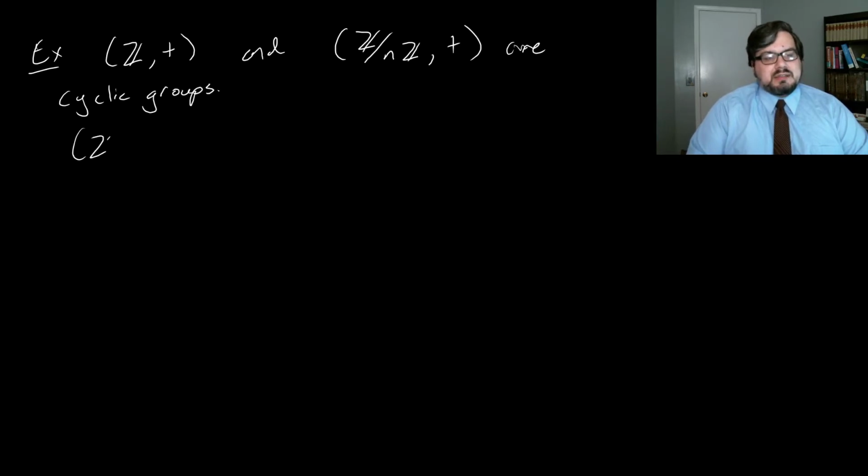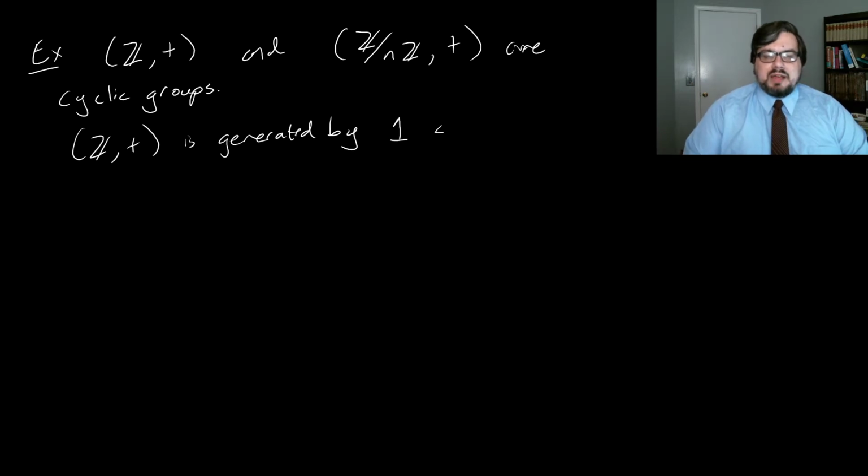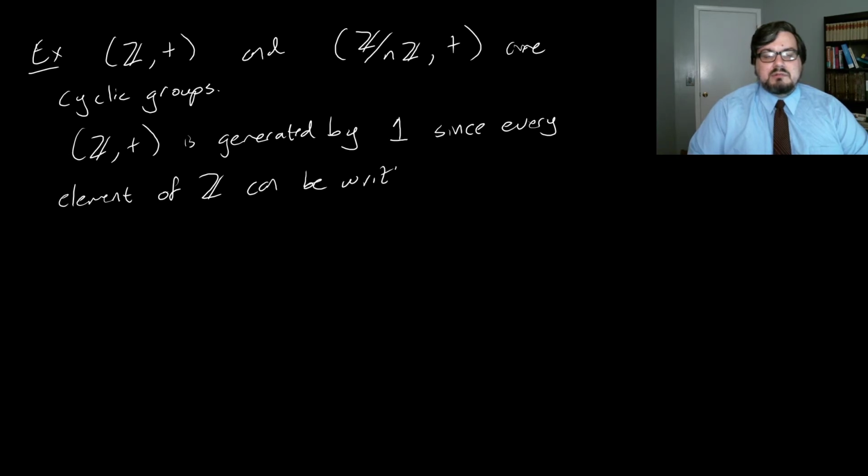We have that Z with addition is generated by 1. And how do we know that? We know that since every element of Z can be written as n times 1 for some n.